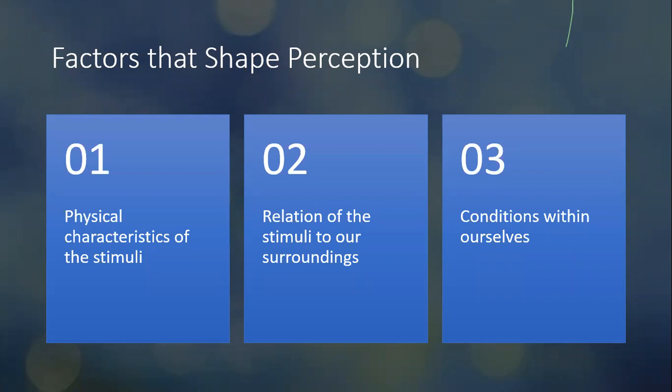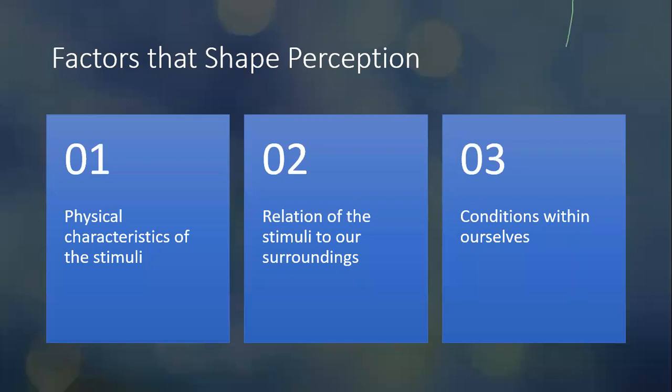You understand? The third factor that shapes perception is the conditions within ourselves. You that you are perceiving, are you tall? Remember that the tall guy was looking down, so in his mind, that's a short person. Then are you at ease? Are you angry? Are you taking your time to look at the thing well, or are you in a hurry and you just glanced at it and moved away?